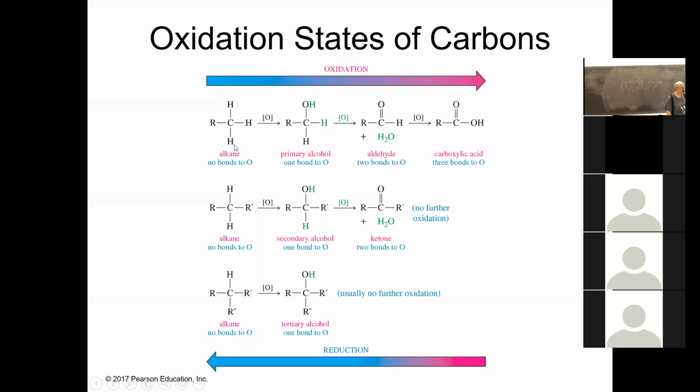If we compare the alkane with the primary alcohol, we've gained an oxygen. If we compare the primary alcohol with the aldehyde, notice we've lost 2 hydrogens: a hydrogen here and a hydrogen off the oxygen. And going from an aldehyde to a carboxylic acid, we've gained an oxygen.